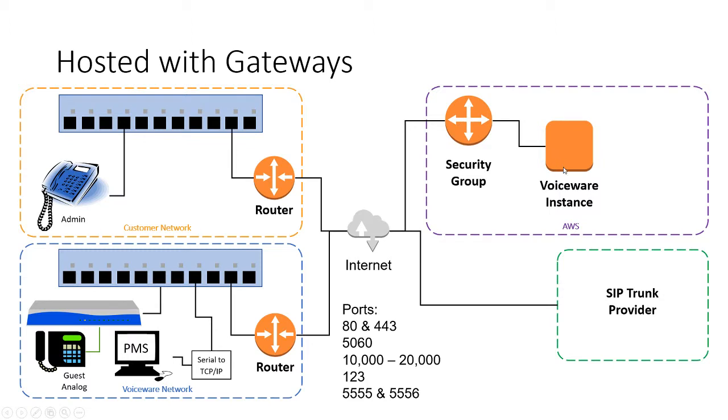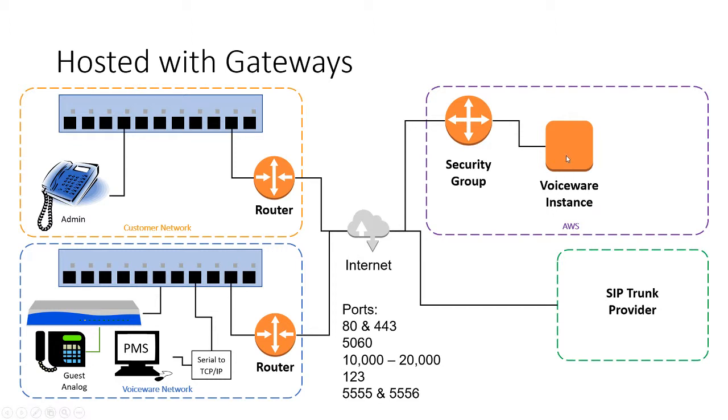Then that connection comes in to Voiceware. I've not mentioned you need to open any ports here yet, because all of these common ports, 80, 443, 5060, the 10,000 to 20,000 range, and 123, are open by default in the Voiceware firewall. So you don't need to do anything.